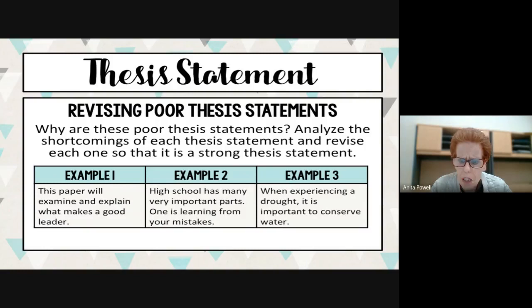Okay, example 3. When we experience a drought, it's important to conserve water. A better way might be dealing with drought. We need to focus on water conservation, water transfer, and water containment. Okay, be specific.